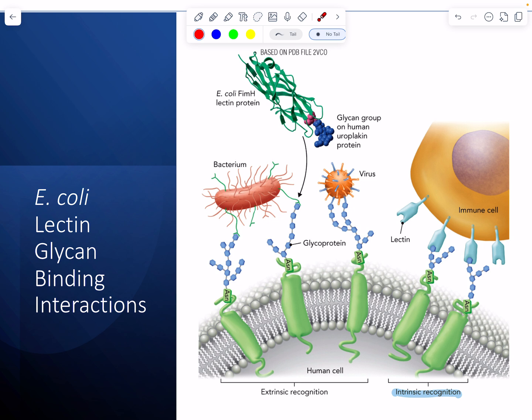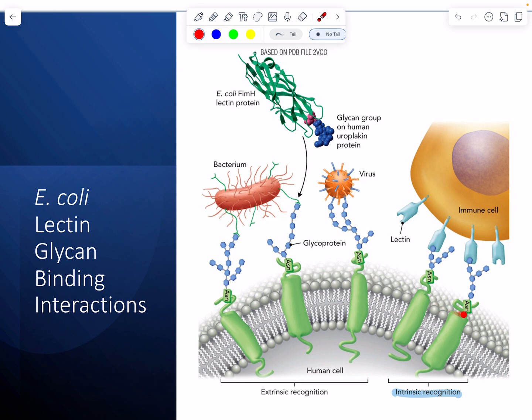There are lectins on the surface of our immune cells that can tell our liver cells apart from things that are not our liver cells.